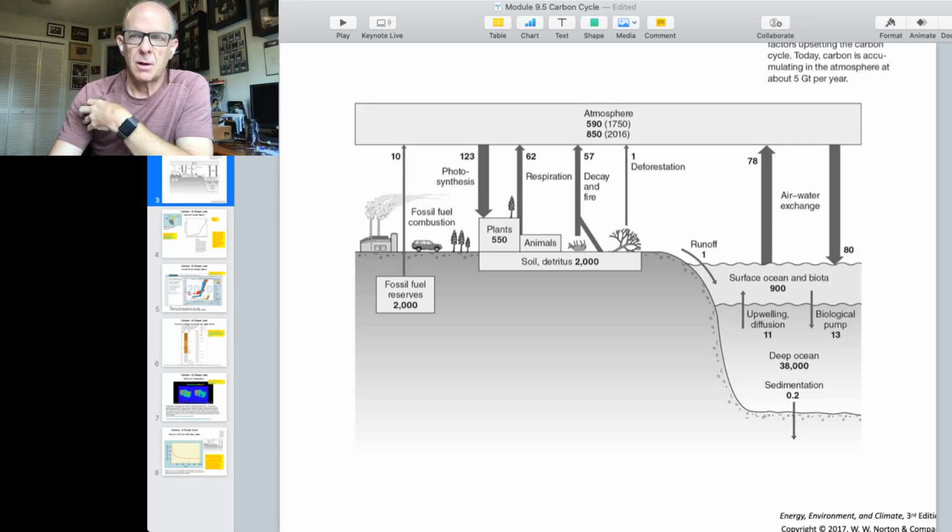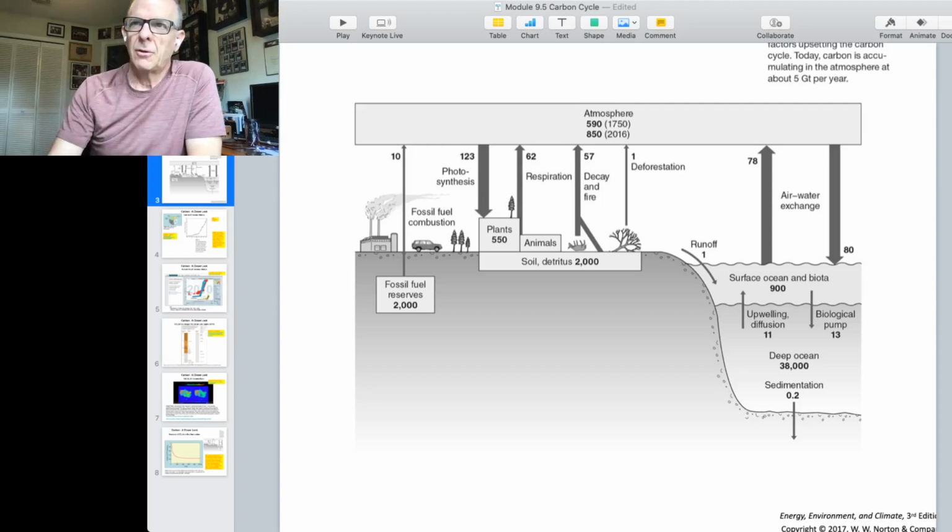Plants pull carbon out of the atmosphere because they breathe in carbon dioxide. They take the carbon to make new plant cells, and they exhale oxygen. So photosynthesis is the process of plants using energy from the sun to do chemical reactions with CO2 that they breathe in from the atmosphere.